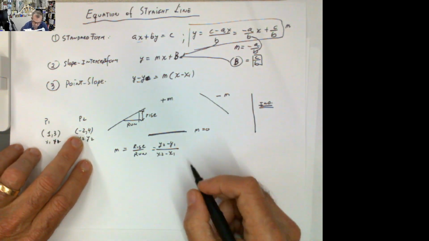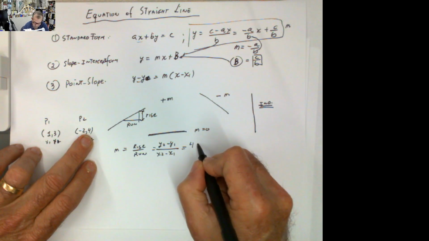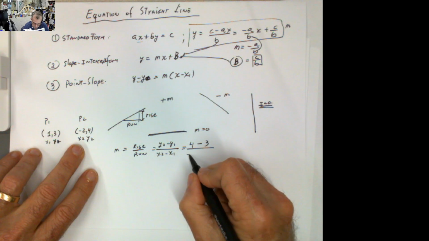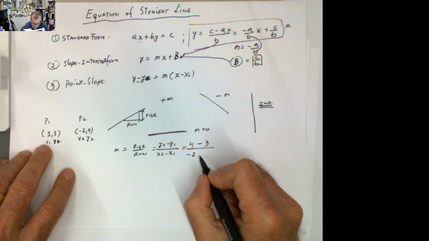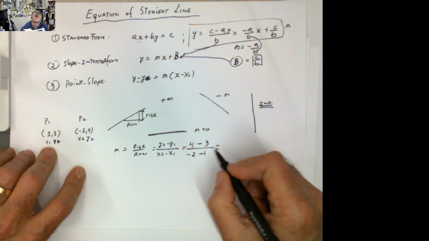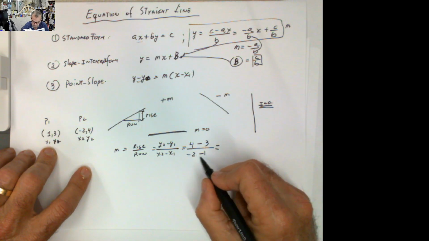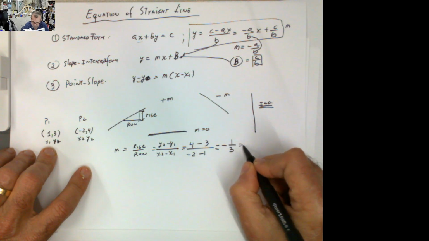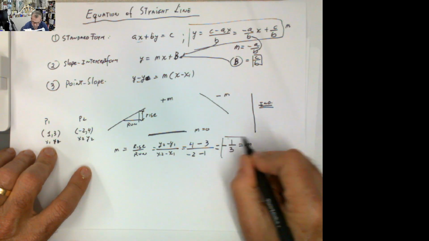So for this particular example, it will be 4 minus 3 divided by negative 2 minus 1. And in this case, you can calculate the slope. 4 minus 3 is 1, negative 2 minus 1 is negative 3, so negative 1 over 3. This is the slope m.